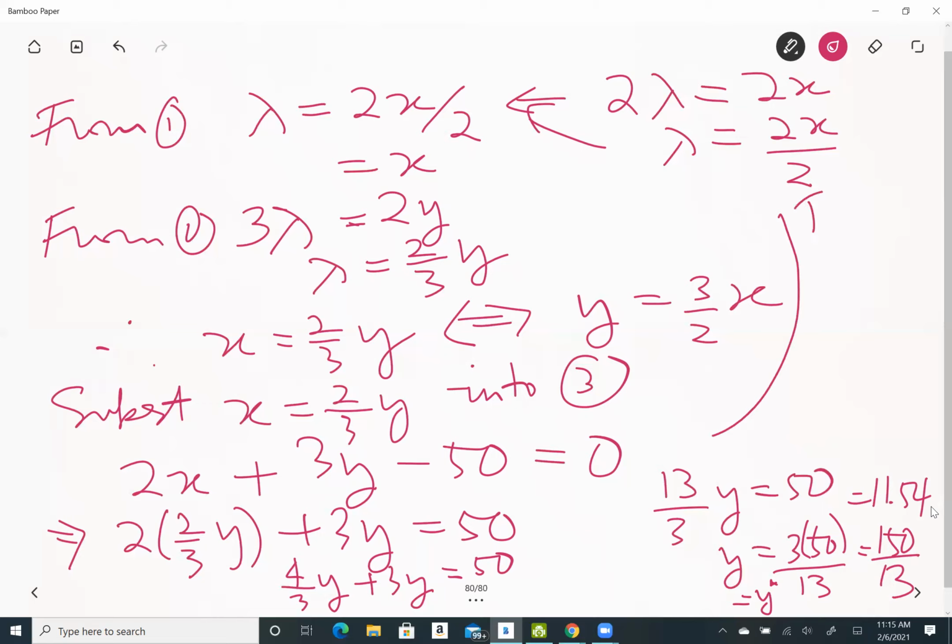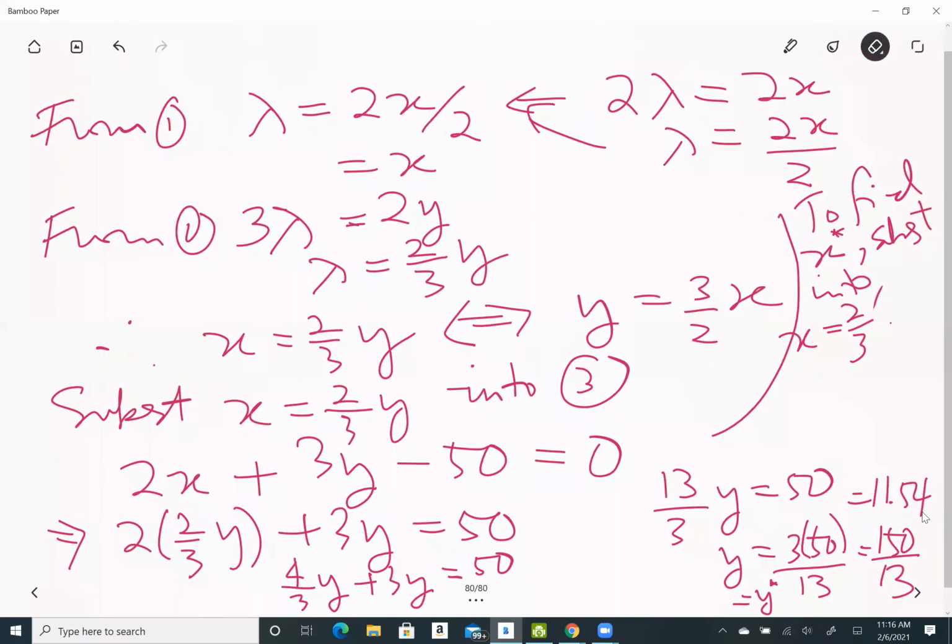So to find x, what do we do? We substitute lagi sekali. Okay, now substitute into what? What is the easiest equation that you can substitute into? Substitute into x equals to 2/3y. Masuk 2/3y. So 2/3y, kita tulislah y itu dulu.